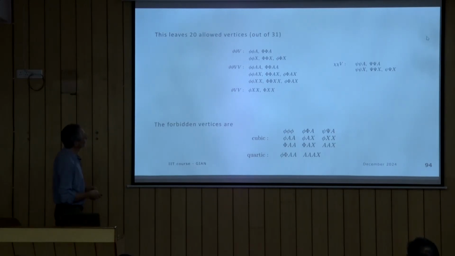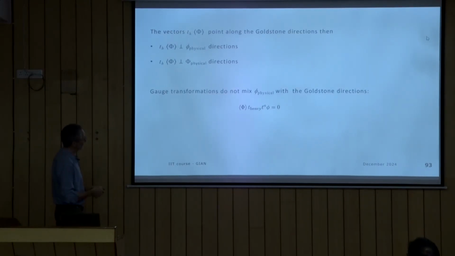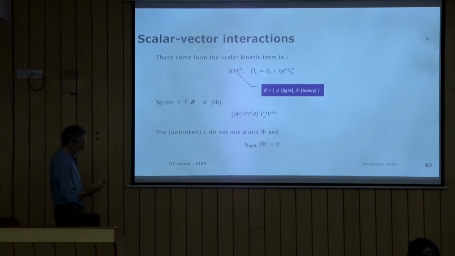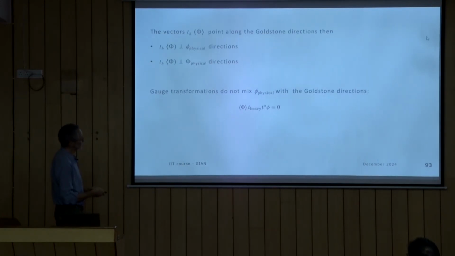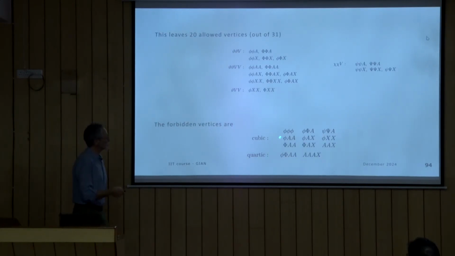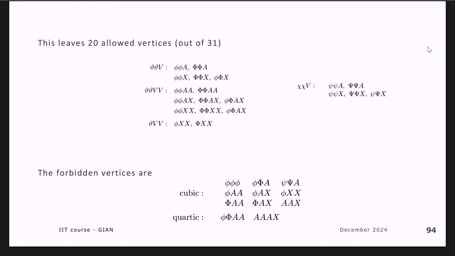So these two conditions, that this is true, and this is true here at the bottom, imply that light, heavy, light, heavy, heavy, and so on vertices are 0. This vertex doesn't occur because I have not broken the standard model symmetry.